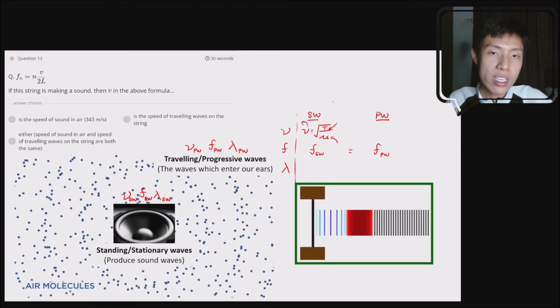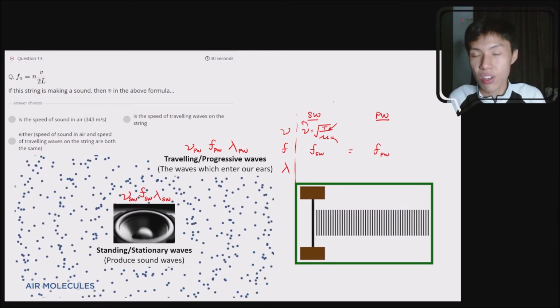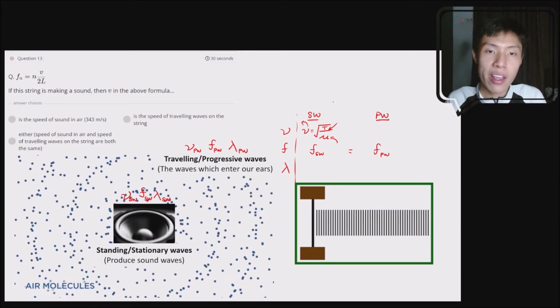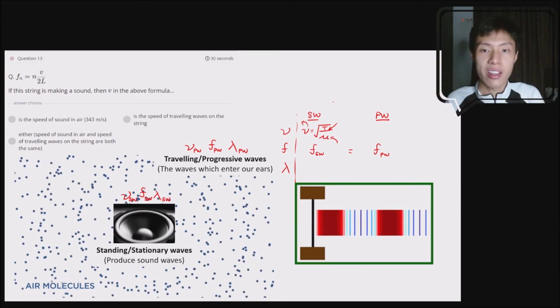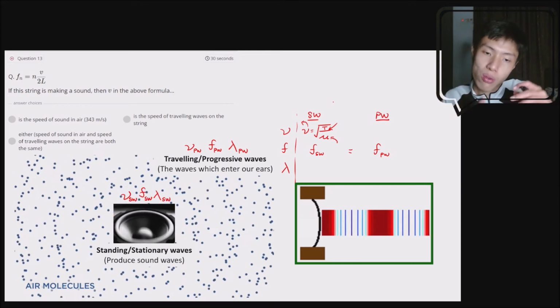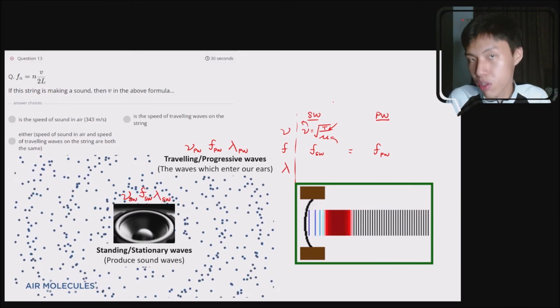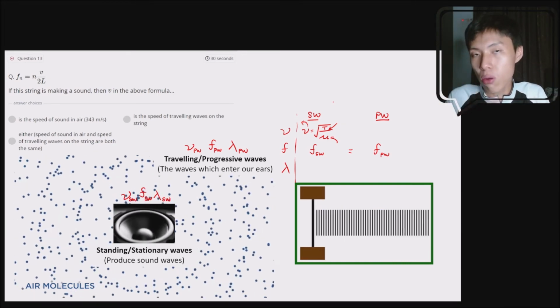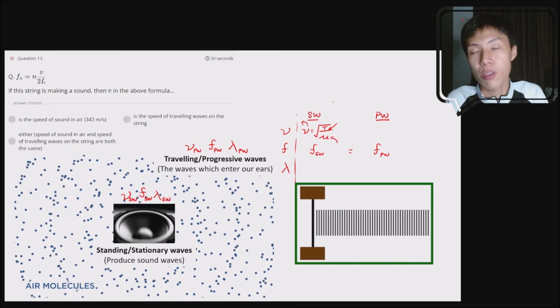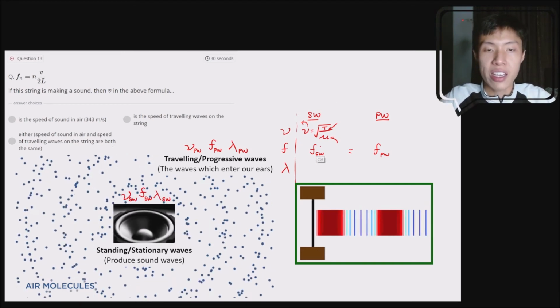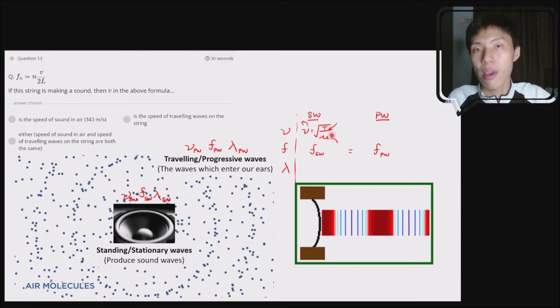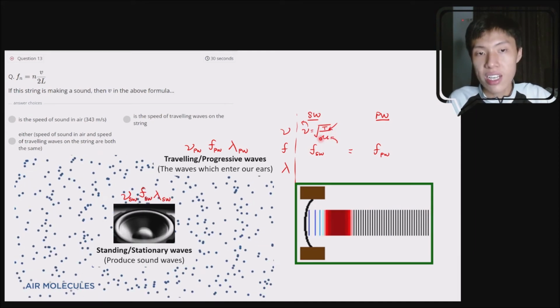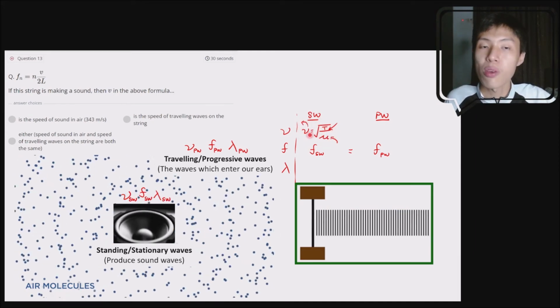So what is the wave speed on the guitar string? It doesn't depend on how you pluck the string, or on what kind of frequency is happening on the string. The only two factors affecting the wave speed on the string are how tight the string is and how heavy the string is.